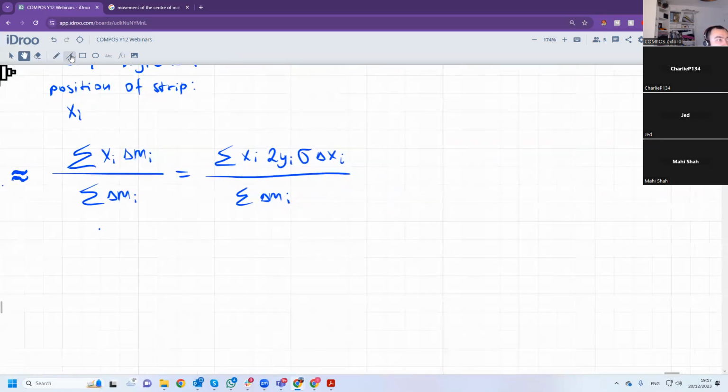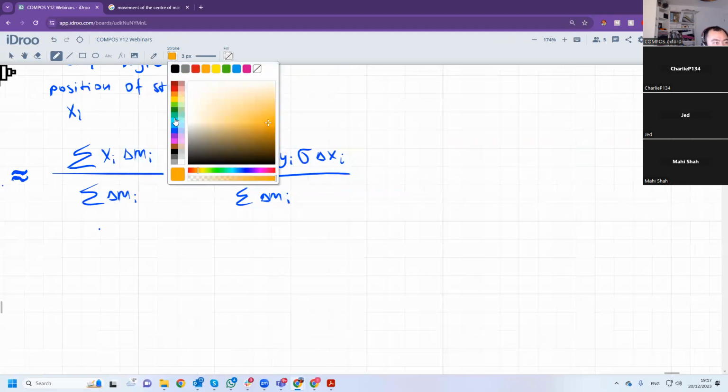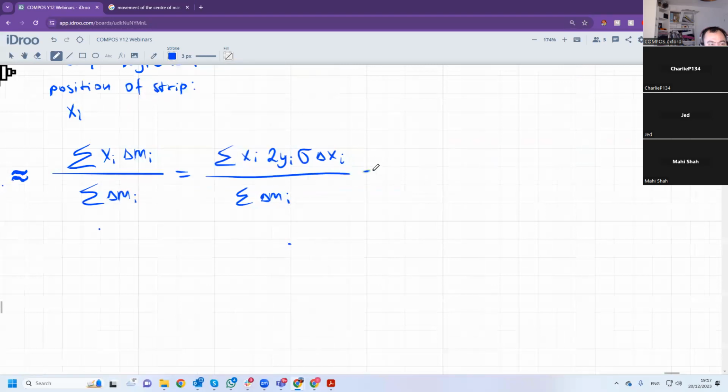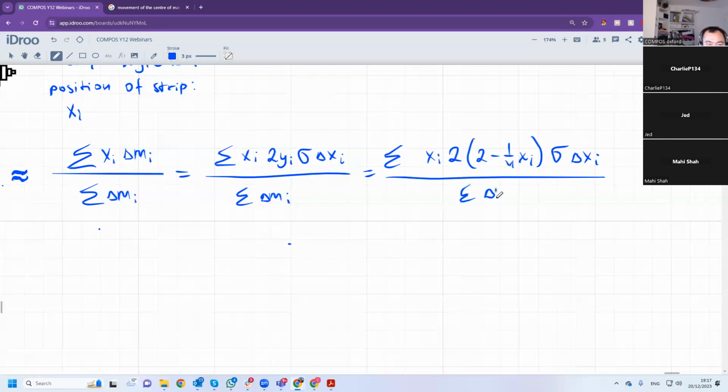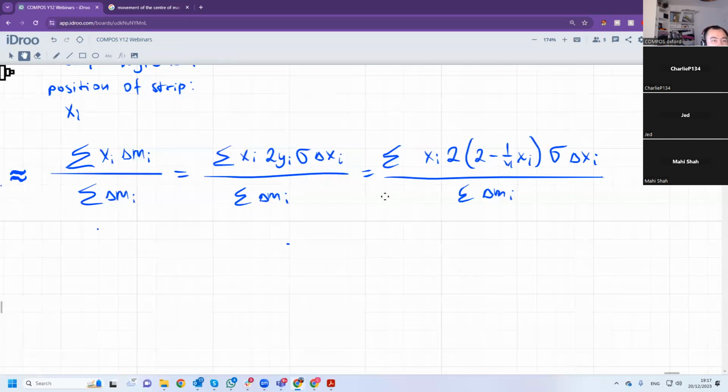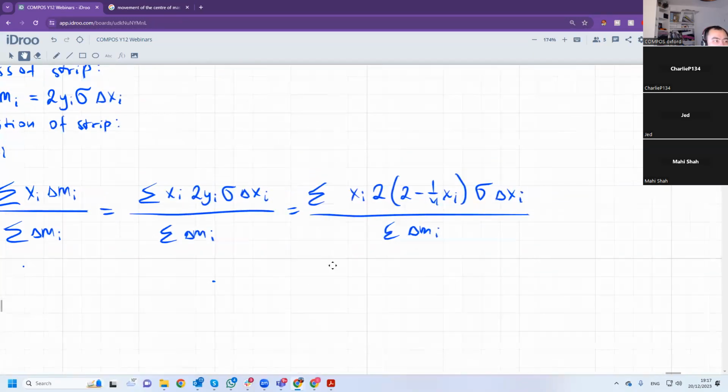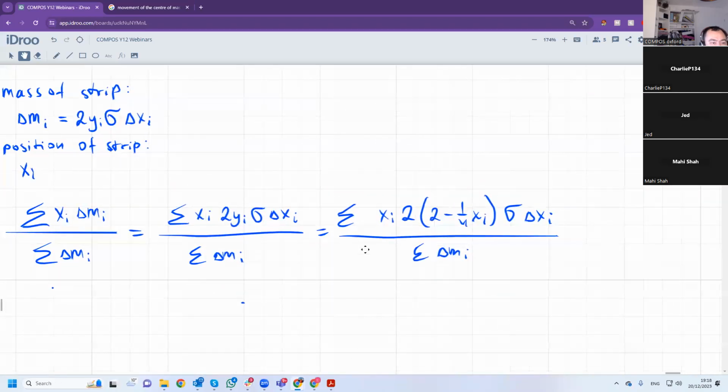Therefore, instead of y, I'm going to use 2 minus a quarter xi. So it's the sum of xi multiplied by 2 times (2 minus a quarter xi) sigma delta xi, over the sum of delta mi.